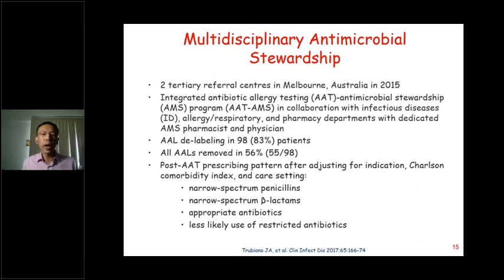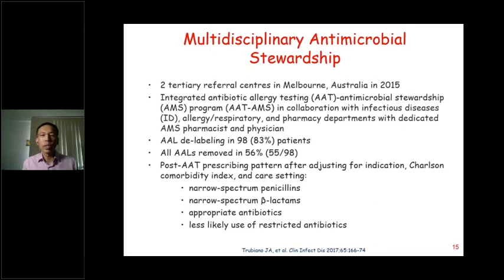In this program, they managed to delabel an antibiotic allergy in up to about 83% of patients. And eventually, all the inaccurate antibiotic allergy labels were removed in about 56% of individuals.